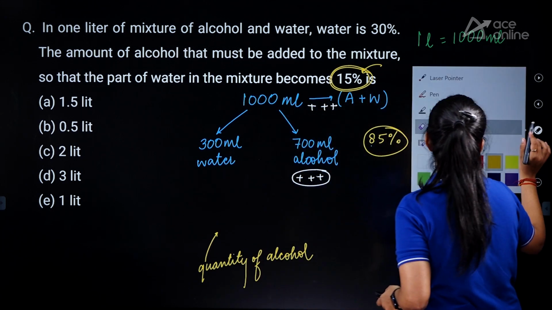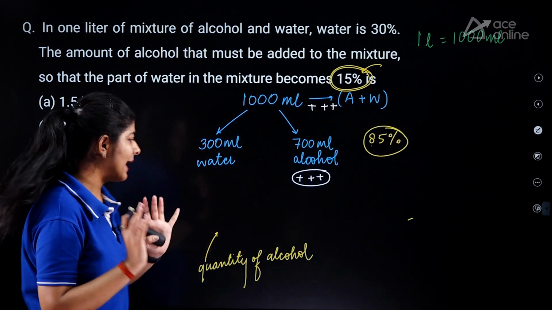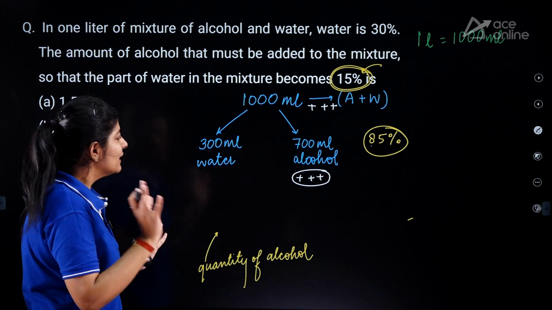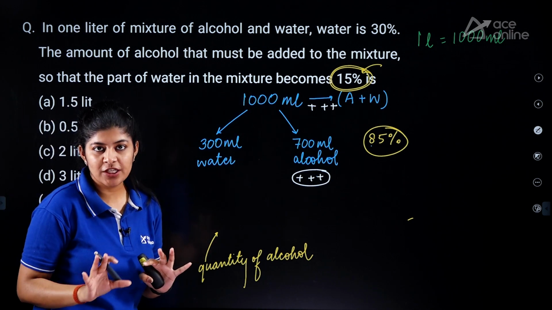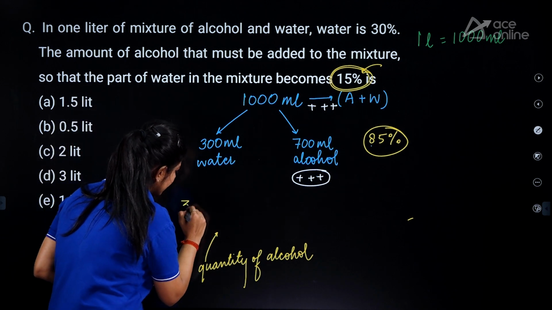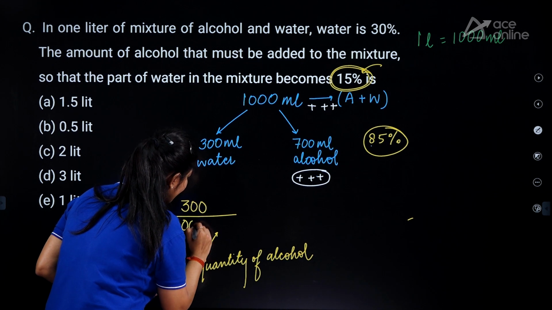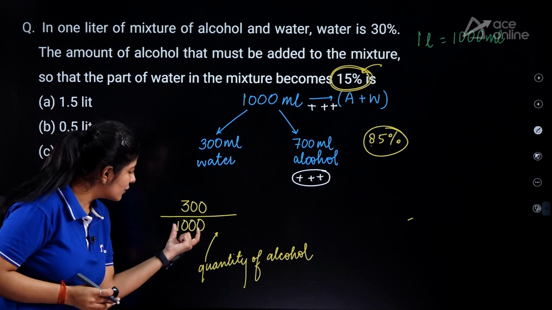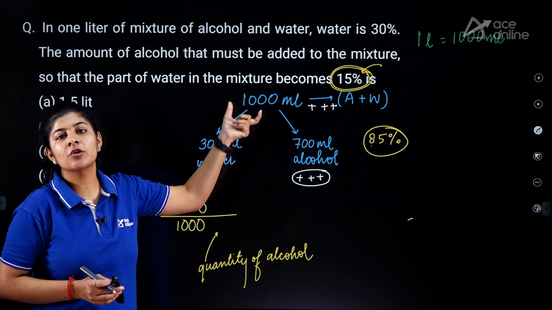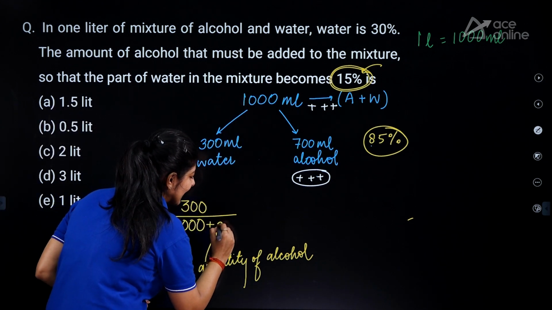So basically, we are having 300 ml of water. This value is not going to change because we are not adding or subtracting water. 300 divided by. Why am I writing 1000 over here? Because this is the previous amount of mixture that we are having. Now we are adding X to this.